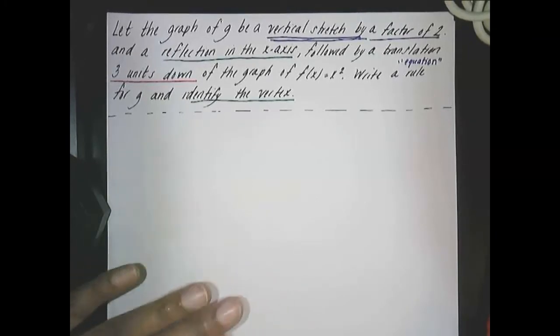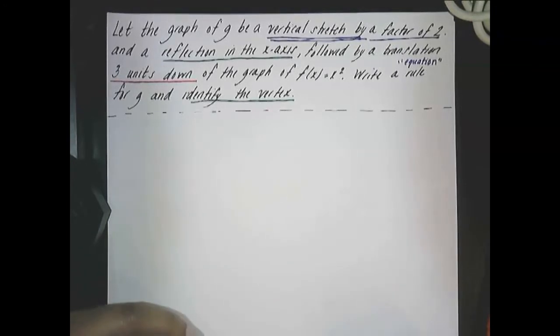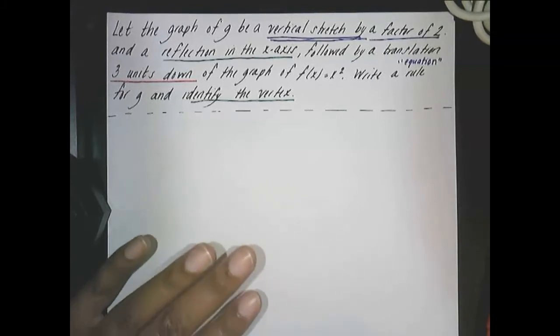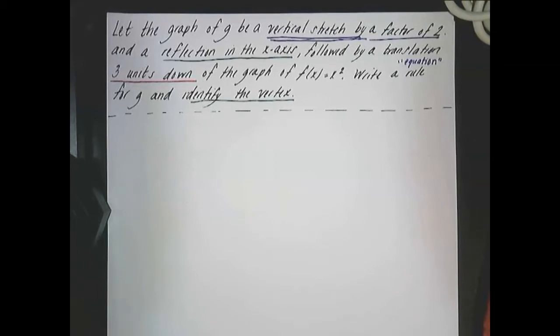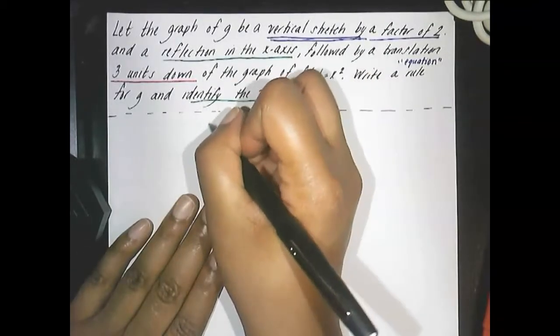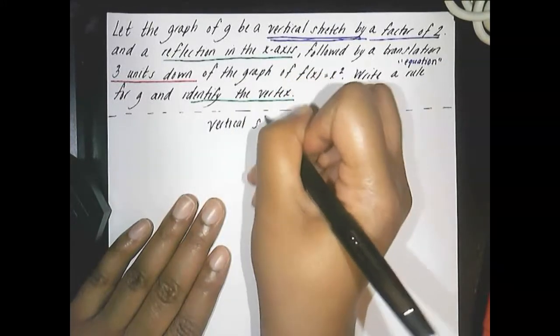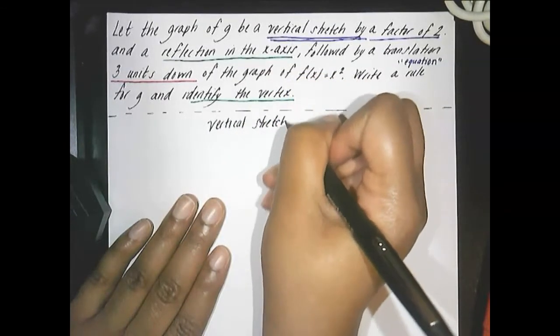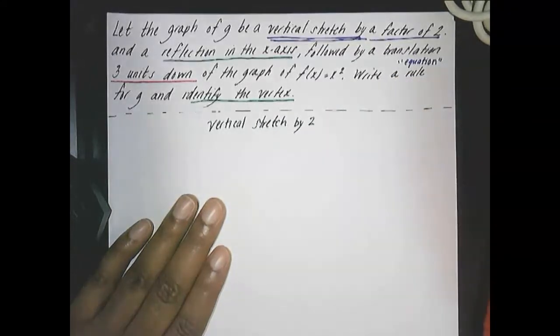I know anything that's vertical, it is what it is. So if the first thing that you're asked to do is a vertical stretch by 2, then here's what I know in the back of my mind.